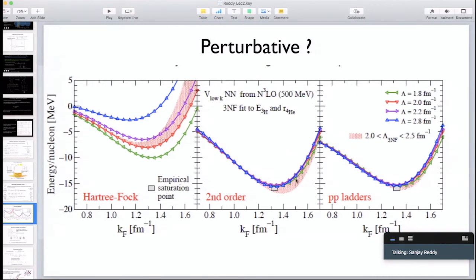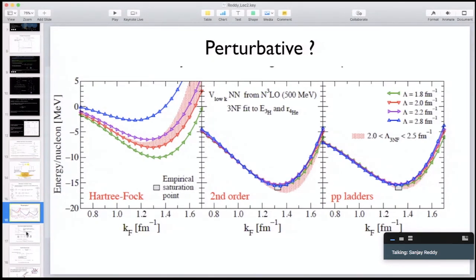Nevertheless, the fact that you have this perturbative series converging to almost the correct answer for a class of theories with small cutoffs is promising, provided you can prove that when you go to large cutoff, you still are within the same region of interest, or you predict the same energy even at these higher cutoffs.